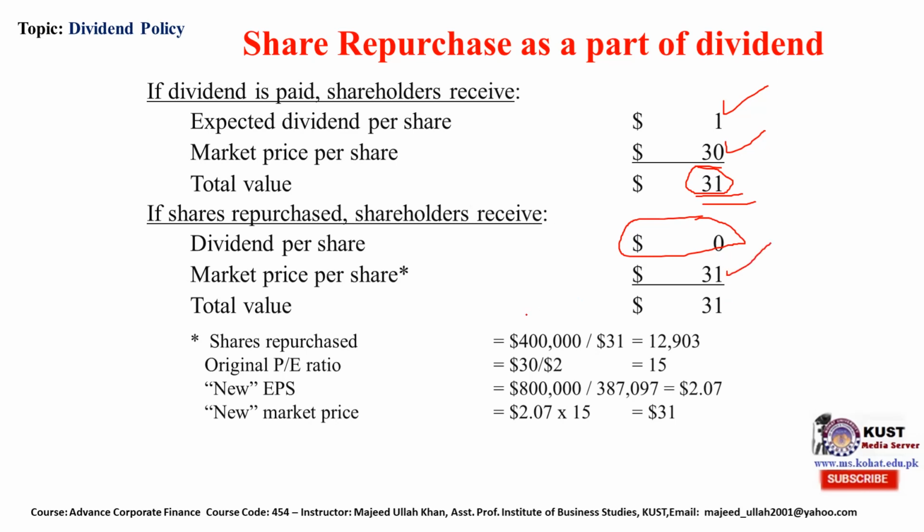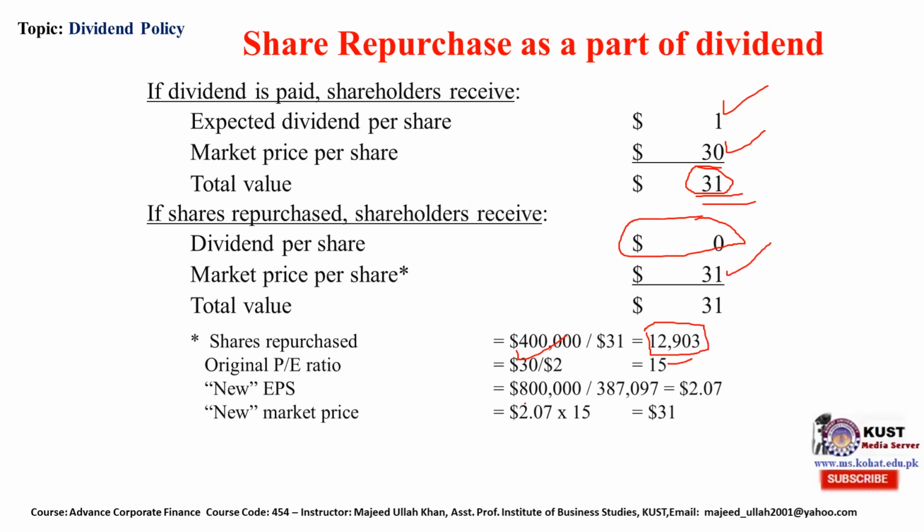Let's have a calculation. 400,000 is the amount to be spent on repurchase, and it is divided by this 31, so the company will buy approximately 12,903 shares. The price earning ratio can be calculated here: market price divided by 2, which is earning per share, EPS, is equal to the price earning ratio, that is 15.